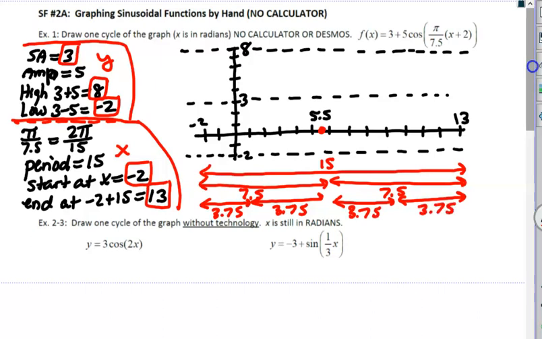Half of 7.5 is 3.75, which means all of my key points are going to be 3.75 units apart. So if I take -2 and add 3.75, this puts me at 1.75. So this is 1.75. And then if I take 5.5 and add 3.75, I get 6.5, 7.5, 8.5, plus 0.75 would end up being 9.25.